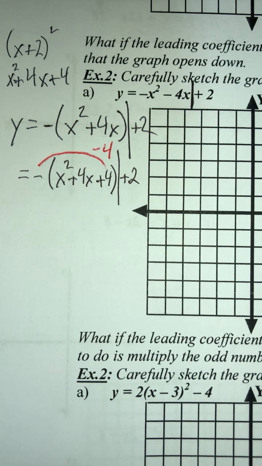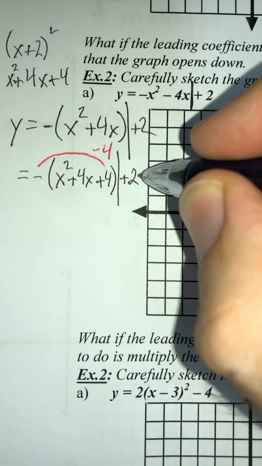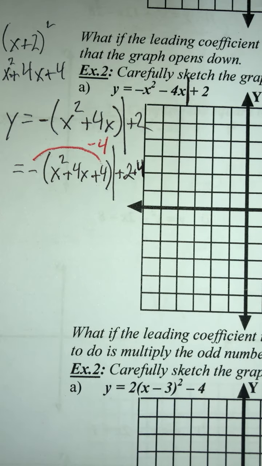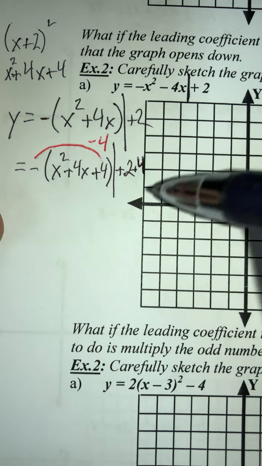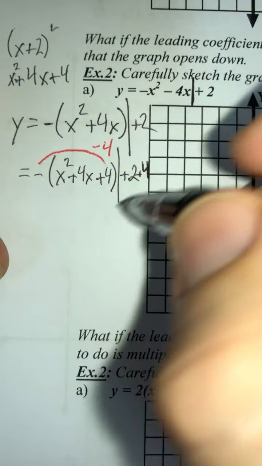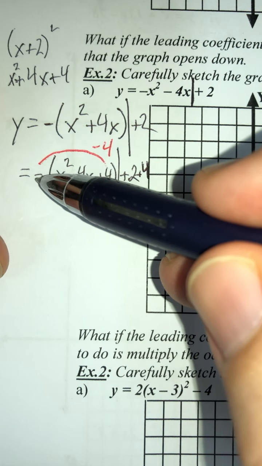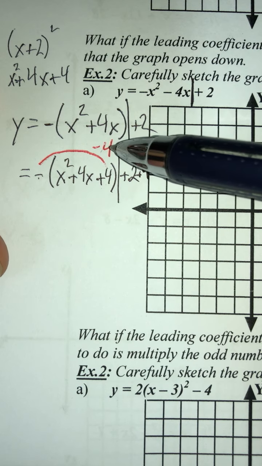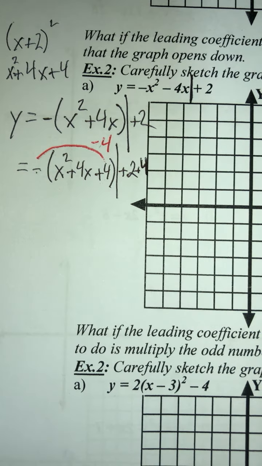So instead of subtracting 4 here, I need to add 4. So this is part of the reason why this makes it a little bit trickier. Again, I need to correlate what's on the outside, times it by what's on the inside, and then figure out what I actually did on this side of the equation, and then cancel that out on the other side.